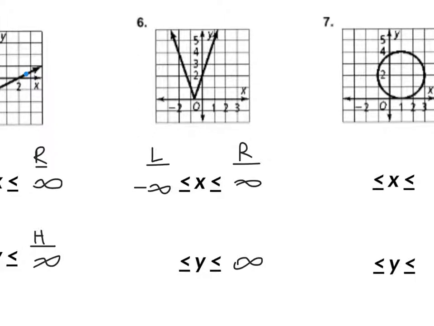Okay. Now, how low does this graph go? If I follow this graph, okay, I come down to the bottom. Does it go lower than this point right here on the y-axis? No, because then it goes back up, doesn't it? It never goes below that point.